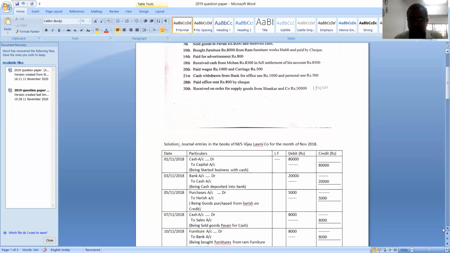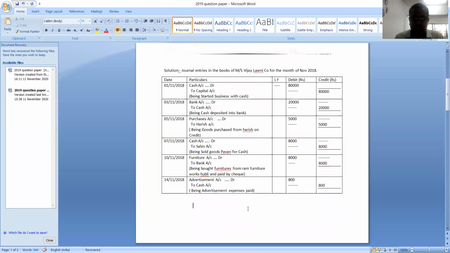In full settlement of his account, 8,500. It means actually we should receive from him rupees 8,500. But instead of taking 8,500, we have taken 8,300 for full settlement of his account. It means we have given him a discount of rupees 200.